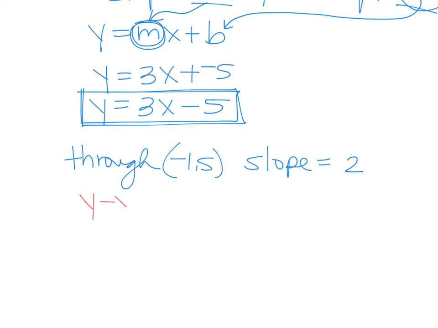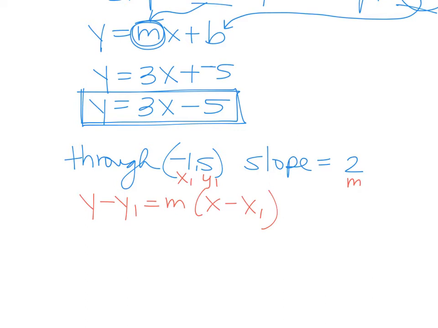That's y minus y1 equals m times x minus your x1 value. So you just need to identify what's your x1, what's your y1. So the -1 would be your x1. The 5 would be your y1. The slope is your m. So you're going to take those values and plug them into the formula.